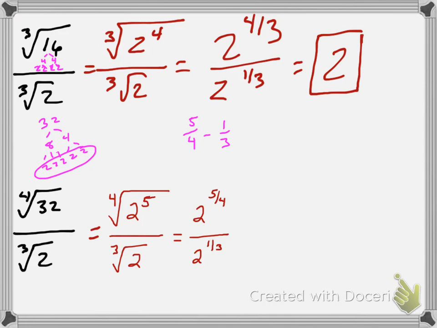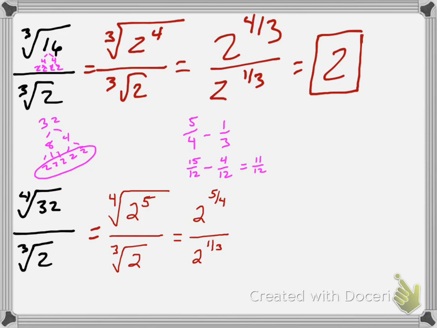Using a common denominator of 12, I would multiply the first one by 3 to get 15 twelfths. And I would multiply the second fraction by 4 to get 4 twelfths. Remember that from back in the day? Oh, yes. So now I can subtract the fractions and get an answer of 11 twelfths.